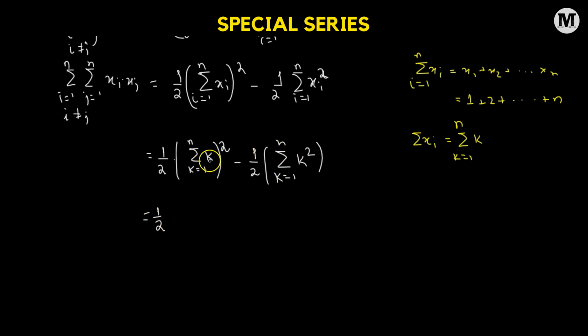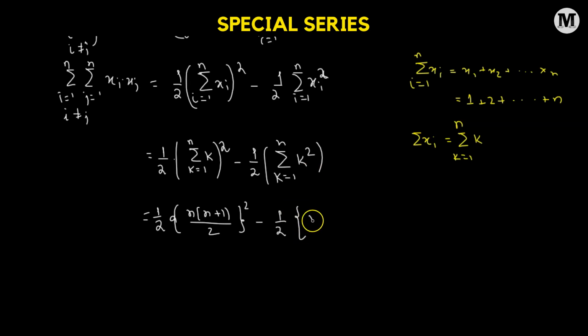So summation of k, that's the sum of the first n natural numbers. That's going to be given by n multiplied to n plus 1 whole divided by 2. We square this value, minus half multiplied to the sum of the squares of the first n natural numbers.